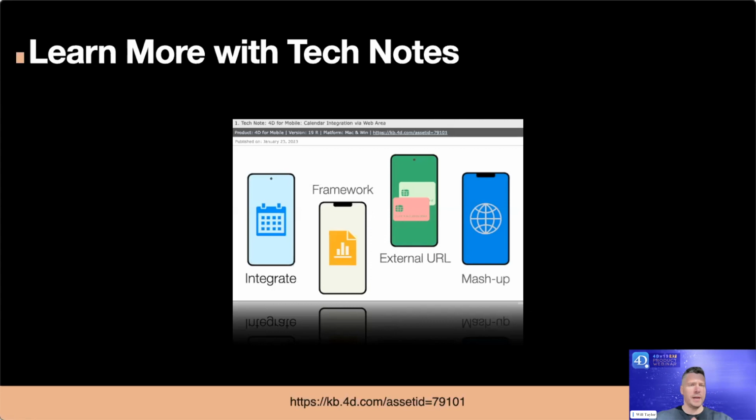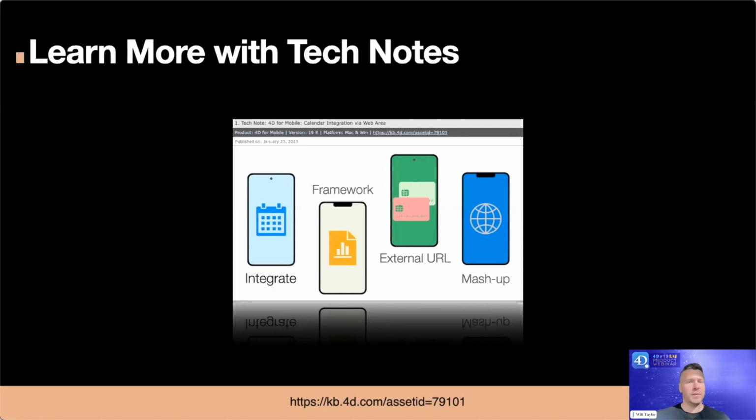Now here in this great tech note, you have the people in the organization, in a people table in 4D. You have their PTO requests, so the ability to make the request and manage the request, all in the simple 4D for iOS kind of purview. After that, you can then display the calendar of the requests and who is going to be off in the 4D for iOS web area.